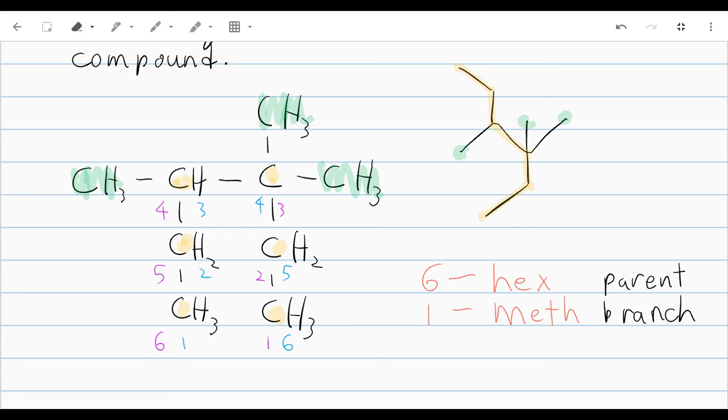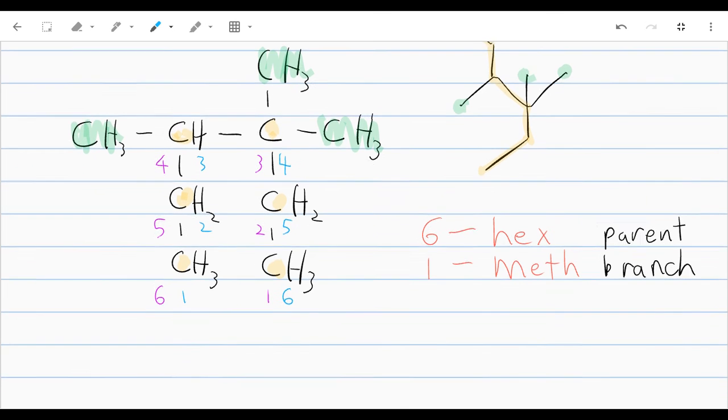Now, the one that we want is the one that is going to minimize the numbers as much as possible. What I mean by that is that we need to indicate for each branch which carbon it's located on. We need to say if it's carbon 1, carbon 2, carbon 3, carbon 4, or 5 or 6. In order to do that, we have to put a number in front of them. We want those numbers to add up to the smallest possible.